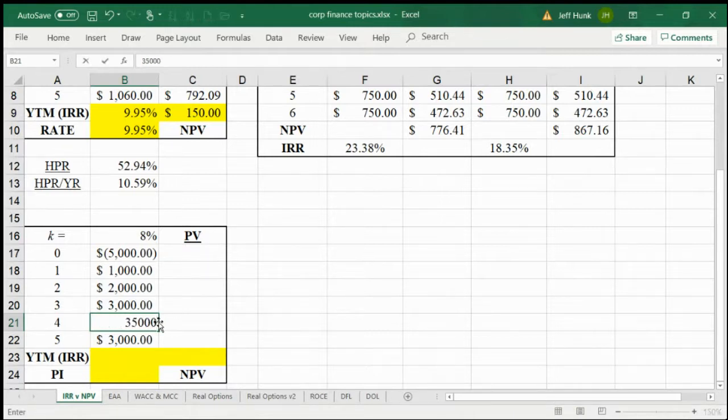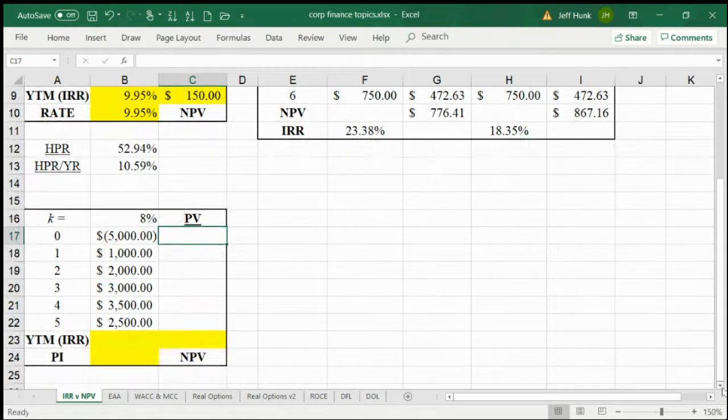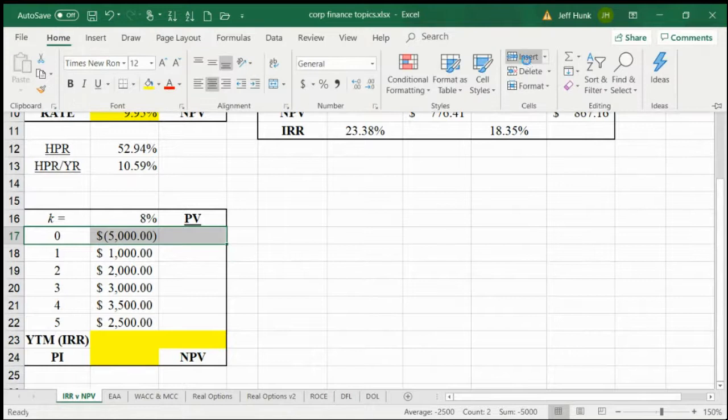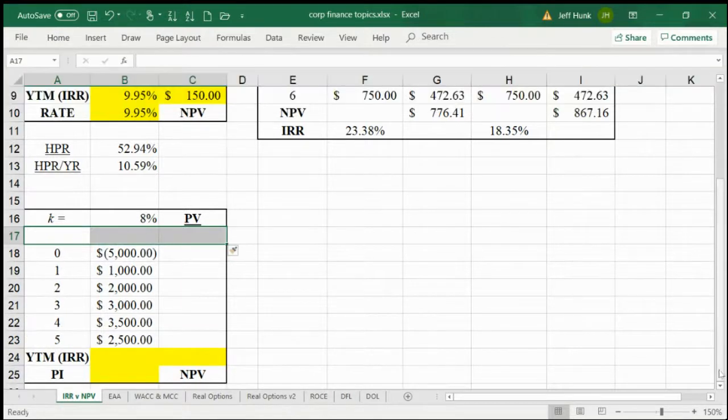Now it's year 4, 3,500. Year 5, 2,500. Let's do it this way. Now, first, finding present value.